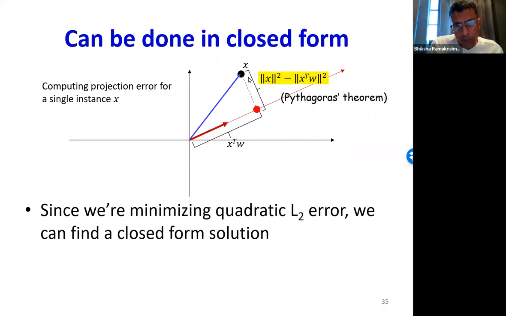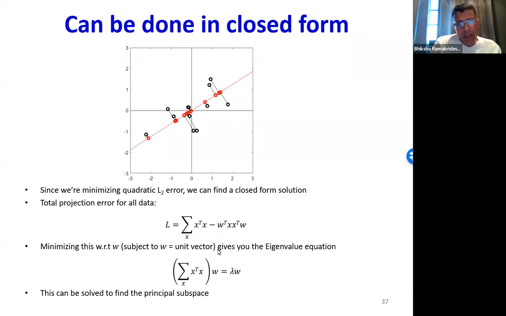In this case, the projection error is going to be the length of this perpendicular drop, which according to Pythagoras' theorem is the difference between the squared length of X and the squared length of the projection. If you sum this over all of the training data and minimize it with respect to the basis W, that gives you the standard eigenvalue decomposition formula that we are familiar with when we perform PCA.